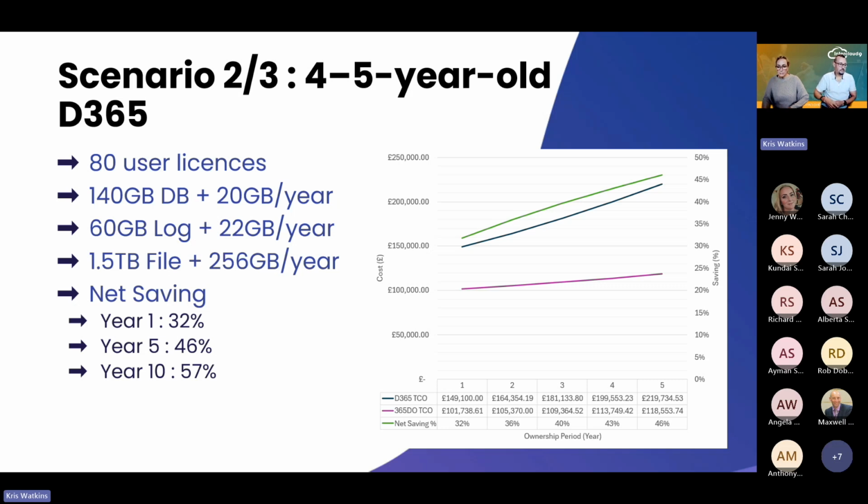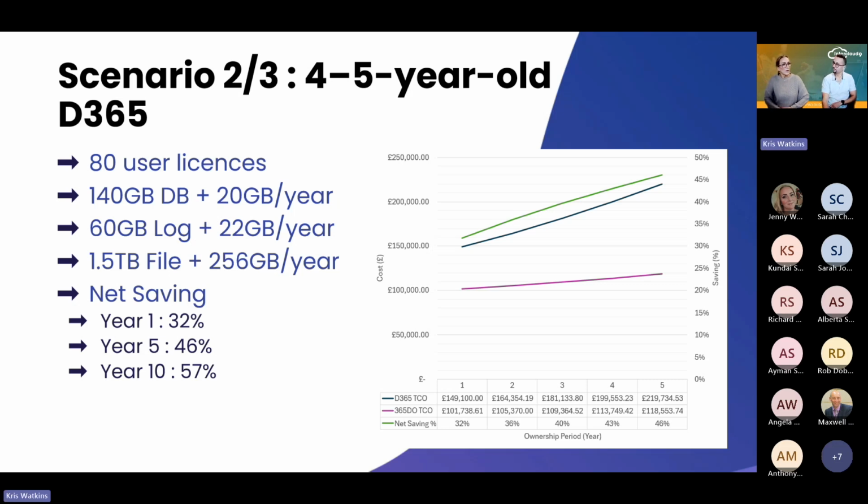And similar savings can be achieved. It's a slightly larger saving to start with, 32% growing year on year to 46% saving in the year 5 renewal, and then that would project out to a 57% saving in the 10th year.